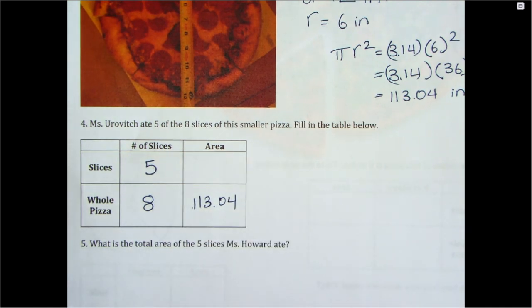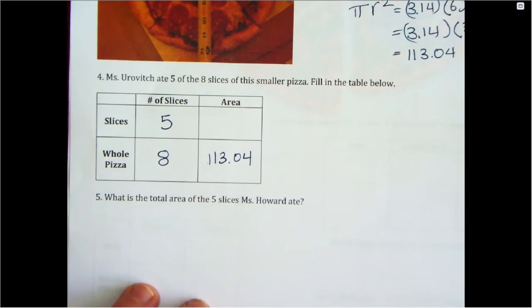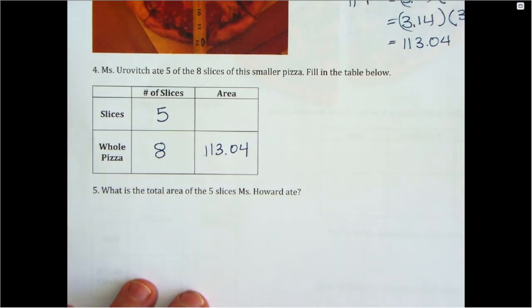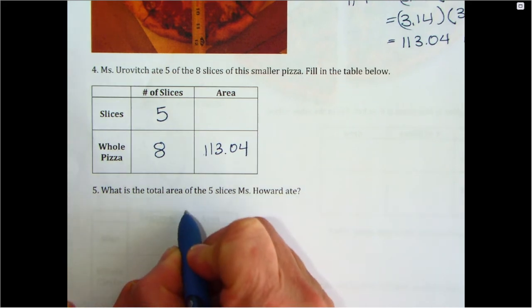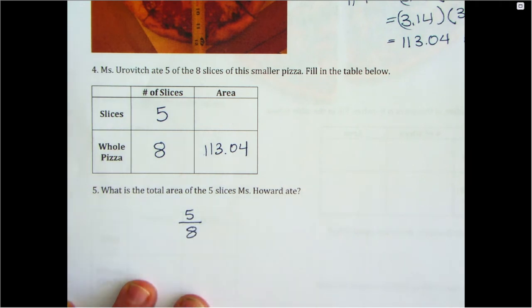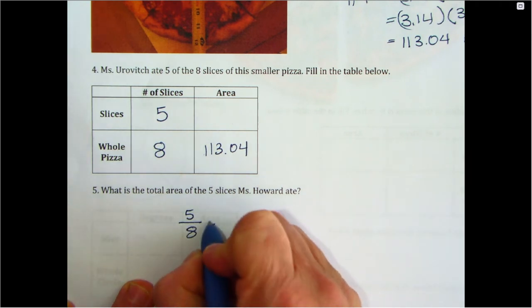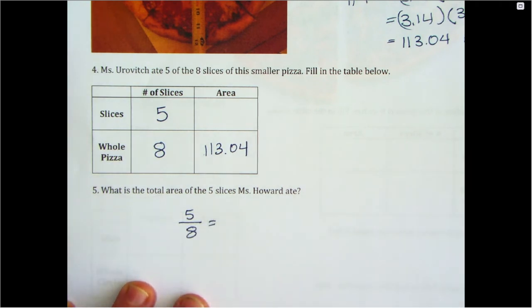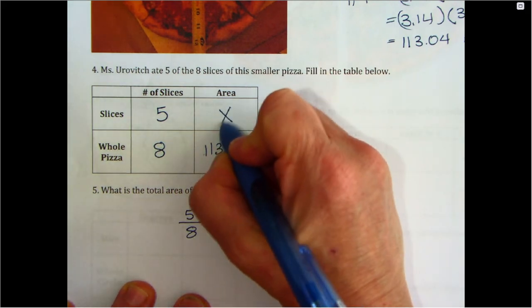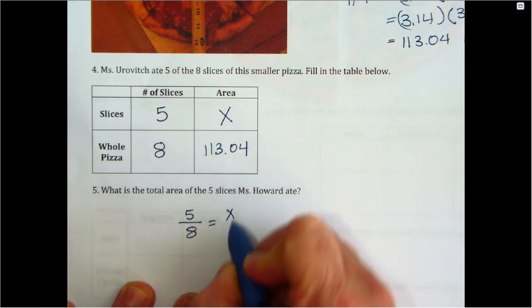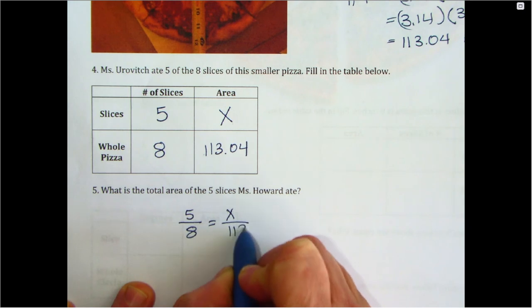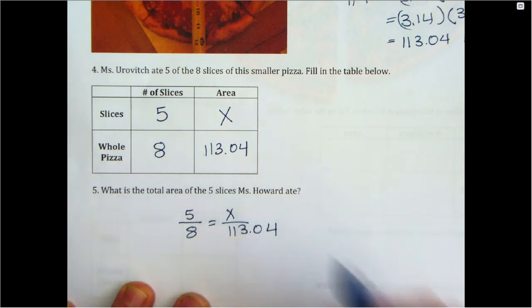For the next step, we're going to set up our proportion. Our proportion will look like this: 5/8, which is equal to, well, we don't really know the area of the slice, so we're going to call it x, over 113.04.